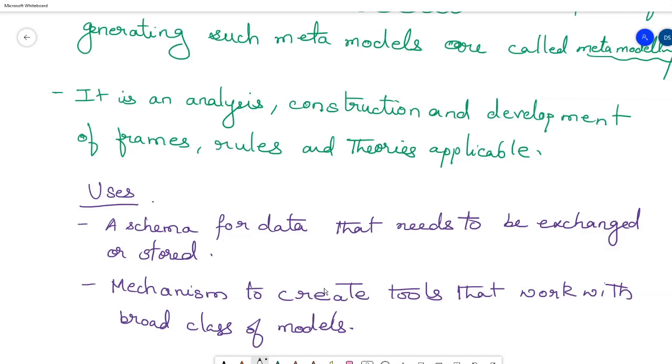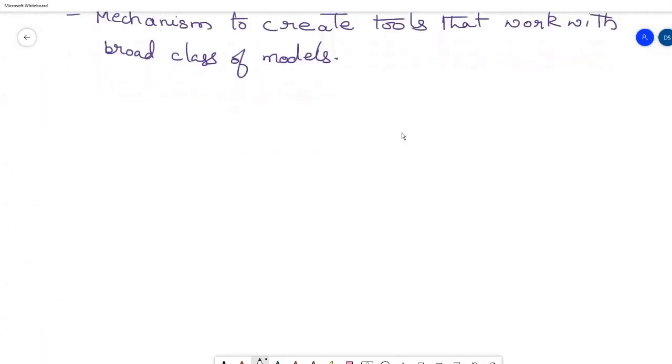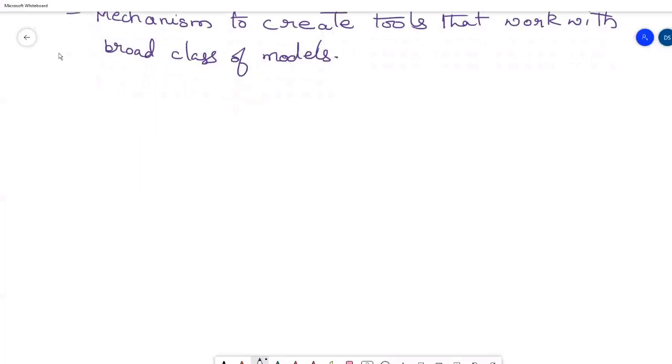Now we have another topic, that is packages. What are these packages which are important in OODM?